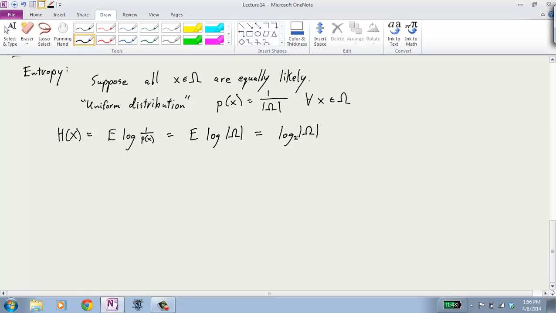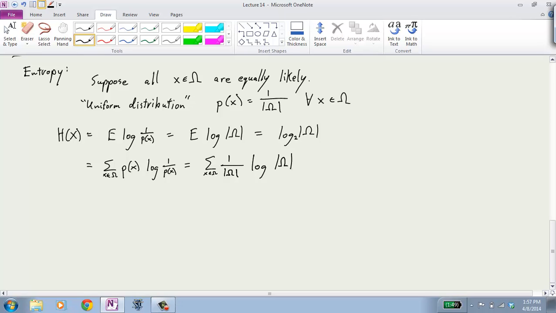I'll work that out the other way, just for those of you who are not so comfortable with expected values. We could have written out the expected value explicitly as the sum over all x's of P of x times the function we're taking the expected value of, log of 1 over P of x. So here's the way of writing out entropy without using expected value notation. And then this would be a sum over x's of 1 over the size of Omega times log of the size of Omega.